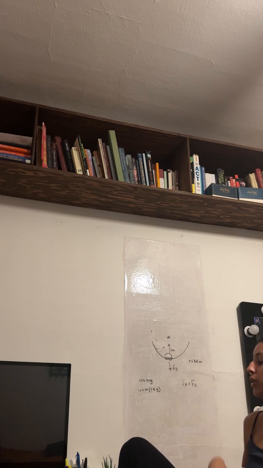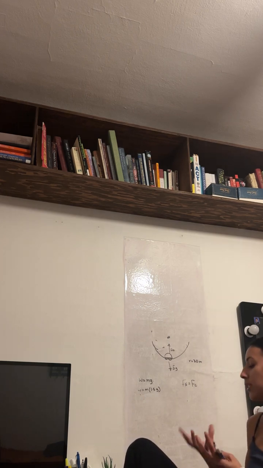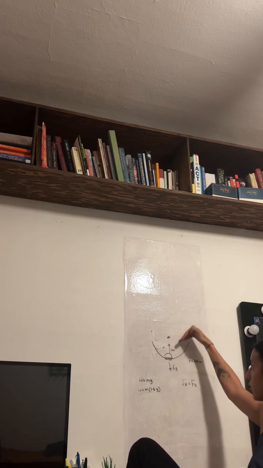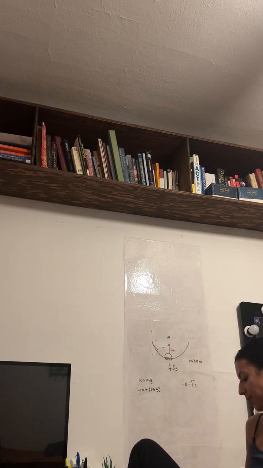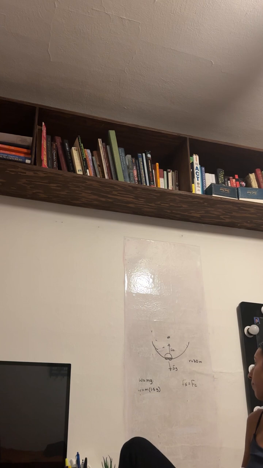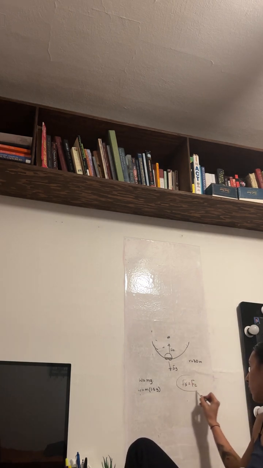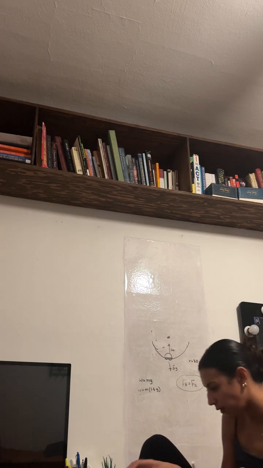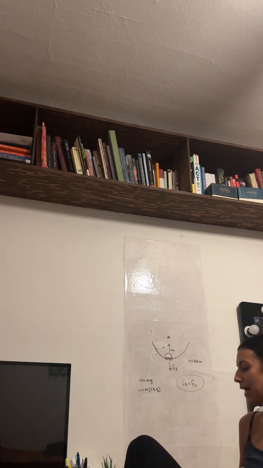The force that's pushing up from your seat onto you is allowing us to move in that circle. So we know that our normal force is equal to our centripetal force, and what are we looking for? We're looking for the speed at the bottom of the dip.